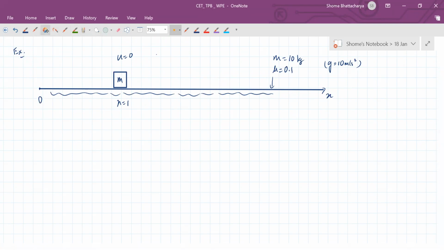And now what we do is we start applying an external force like this, but that force is going to be variable. Okay. And as a result of that, the block reaches the position x equal to 5 after some time. By then it has a speed v. Okay.